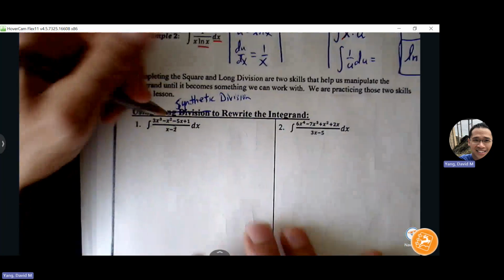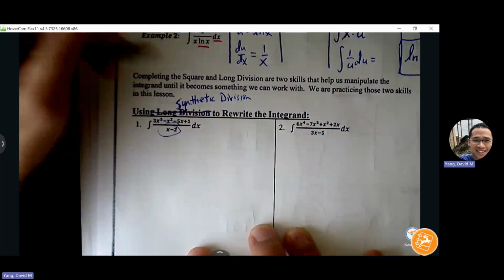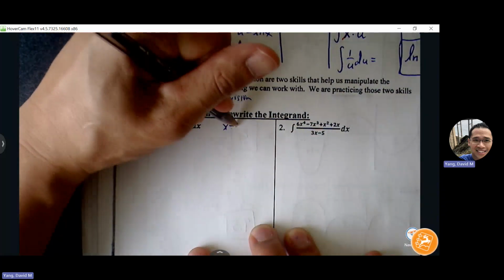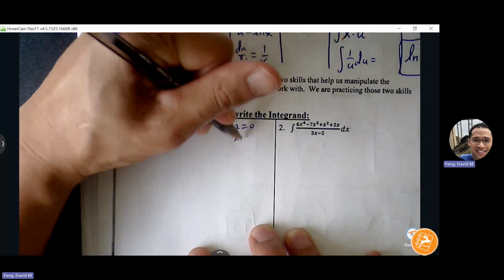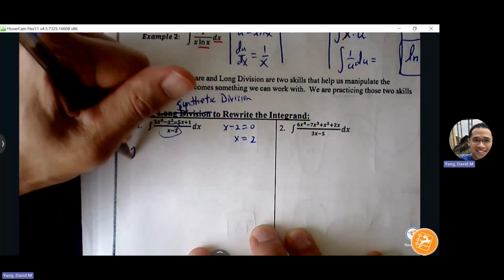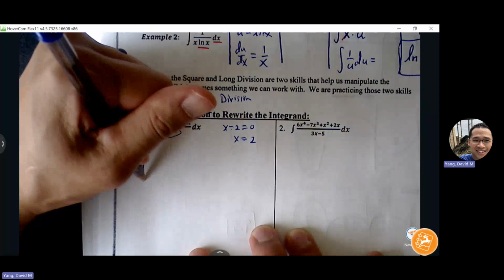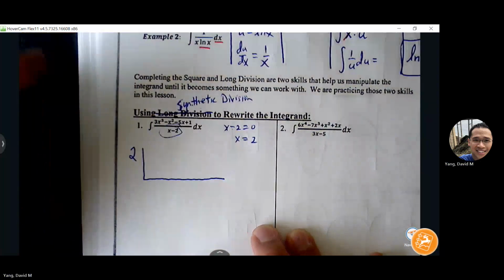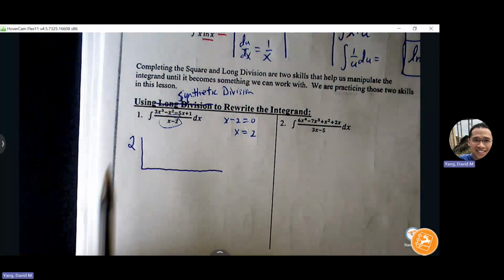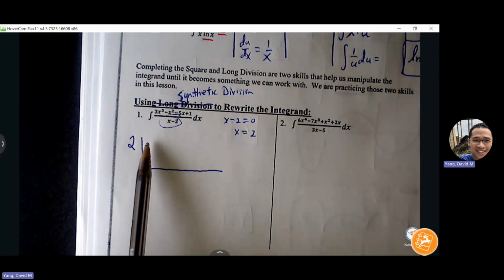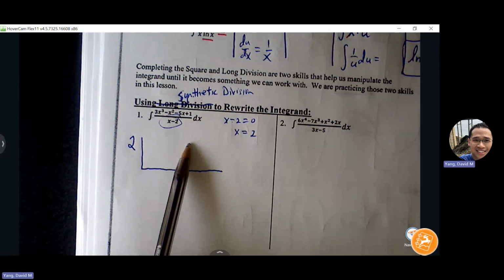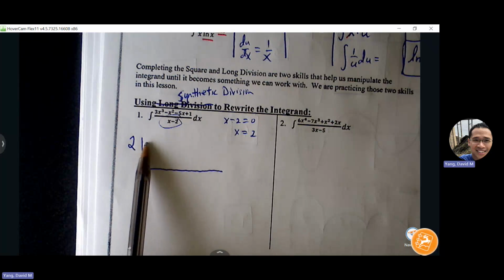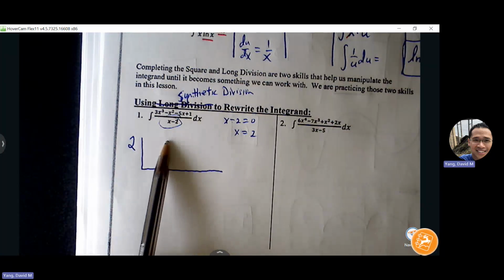Okay, so synthetic division, what I want you to do is pull the factor out. If you set x minus 2 equal to 0, you'll get x equals 2. So you're going to put 2 outside a half box that you're going to create. And I'm just going to place the coefficients of each term. If there is a degree that is skipped over, I need a placeholder for that degree.